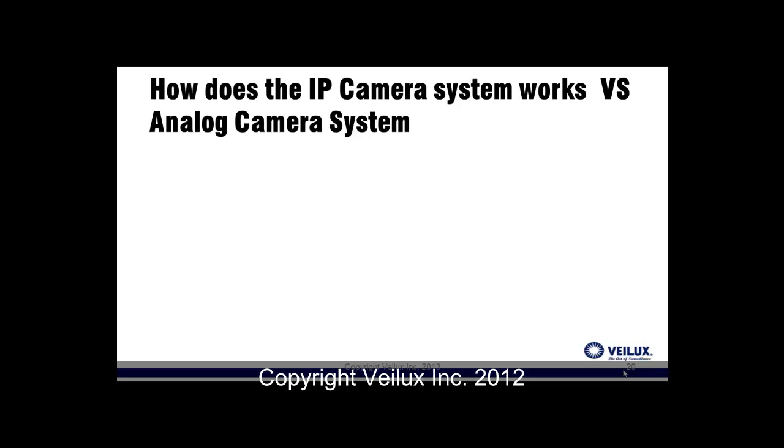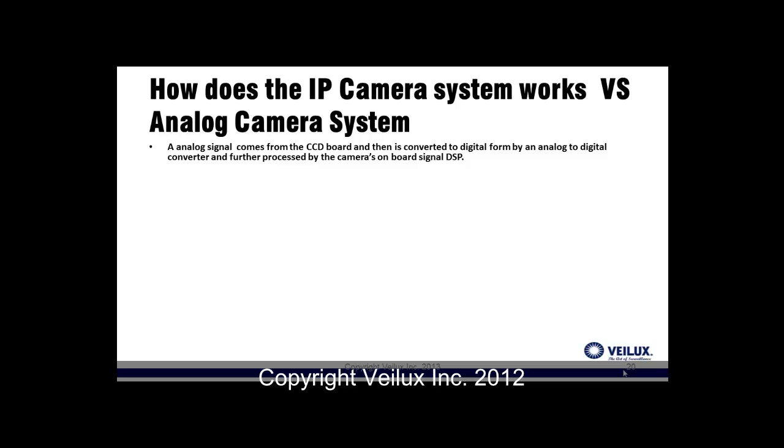How does the IP camera system work versus an analog camera system? An analog signal comes from the CCD board, and then it is converted to a digital signal by an analog to digital converter, and processed by the camera's onboard DSP.